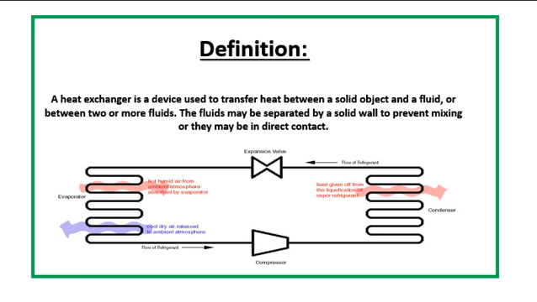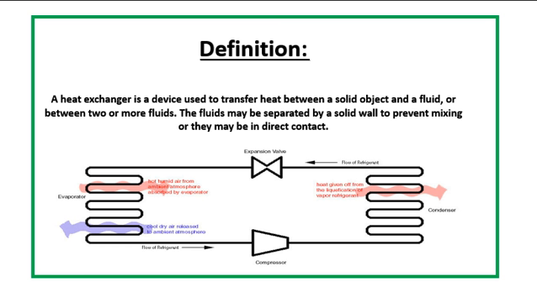If you go by this diagram, you can see that the condenser here is acting as a heat exchanger, because the heat coming through the expansion valve is released in the condenser. Heat exchangers are widely used in power stations and chemical plants.